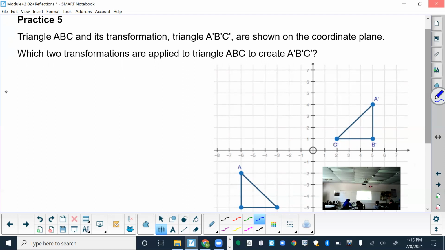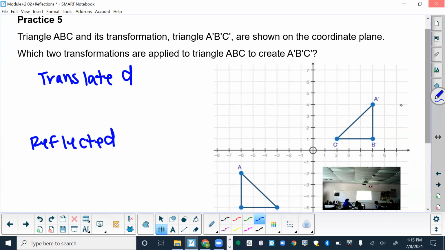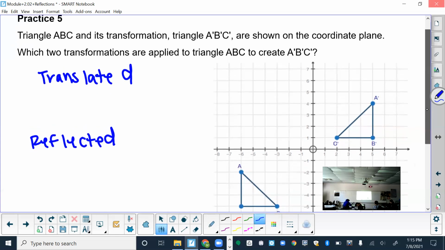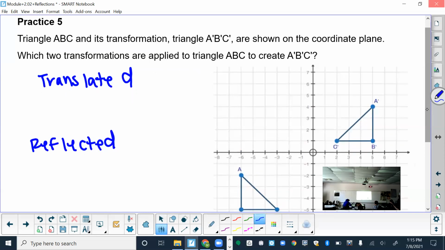I haven't talked about rotations yet, so I don't think it's going to be that one. Translated, good. So it was translated and reflected. All right, but we do have to be a little bit more specific. We have to say the rules that it translated by and that it reflected by.